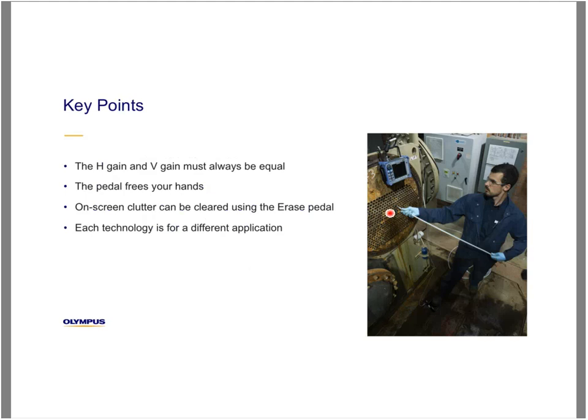As we can see here on the picture, his hands are basically dedicated to just scanning the tubes. If we have too much clutter on the screen, I will be using the erase pedal just to get rid of it. Each technology is for a different application. As I mentioned, there is no magic probe and magic adapter for every situation. That's why I want to show you the 3 technologies.